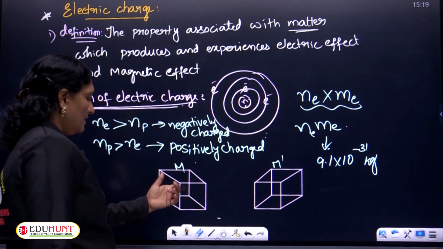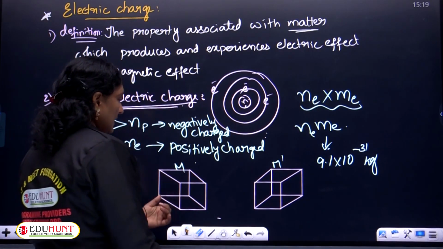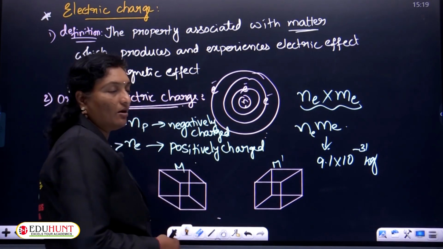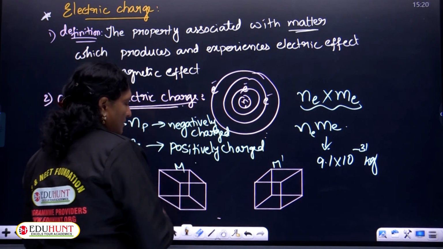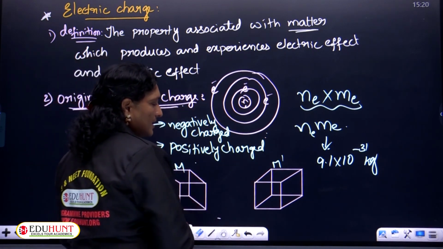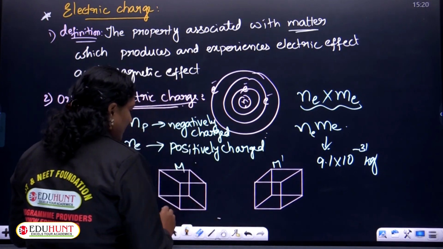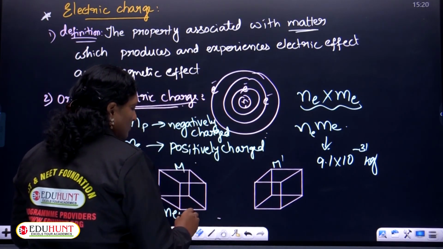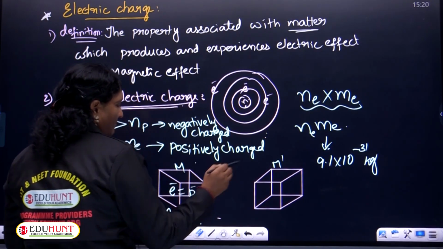First case, suppose the number of electrons is equal to the number of protons, so it is electrically neutral. This is your second mass m. Neutral body means the number of electrons is equal to the number of protons.